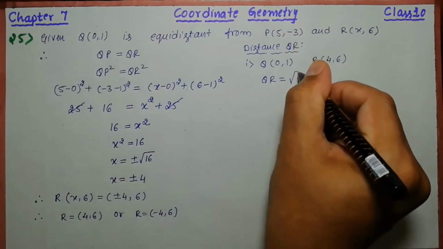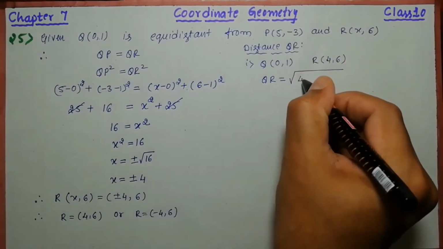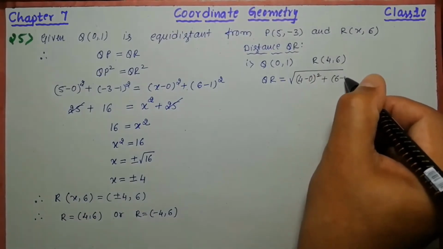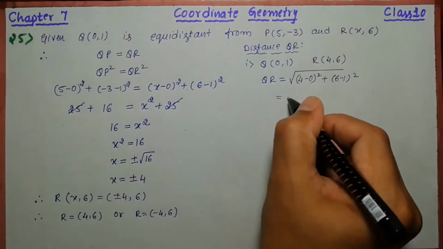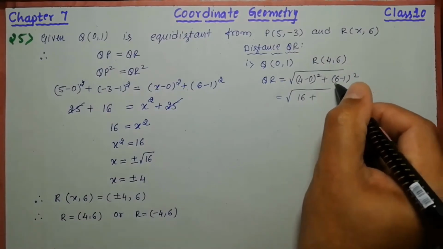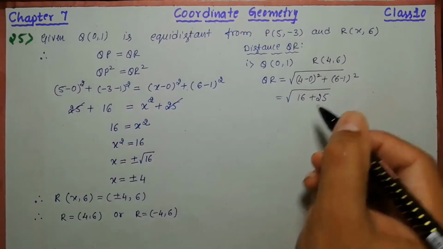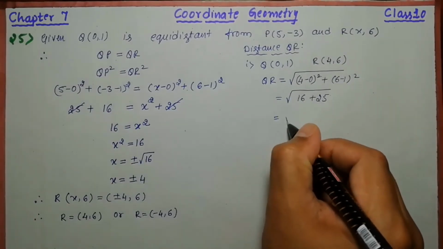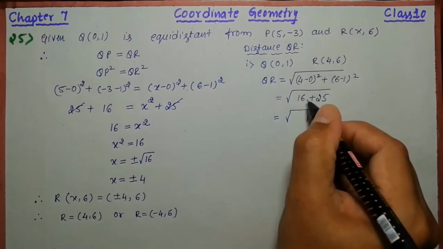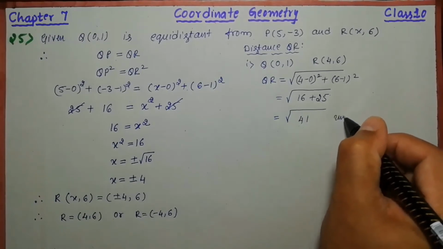QR is equal to square root of 4 minus 0 whole square, and then plus 6 minus 1 whole square, which is equal to square root of 4 square, which is 16, and 5 square, which is 25. So the square root of 16 plus 25 is 41. Square root of 41 units.